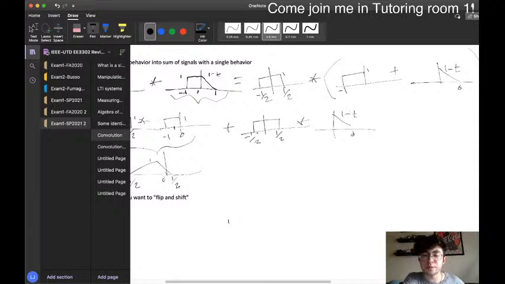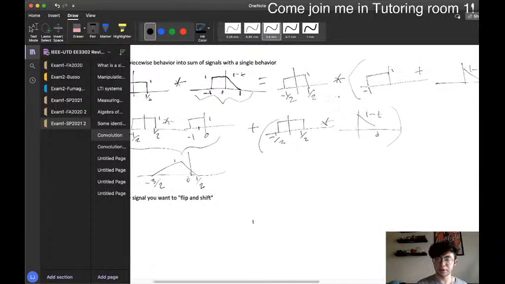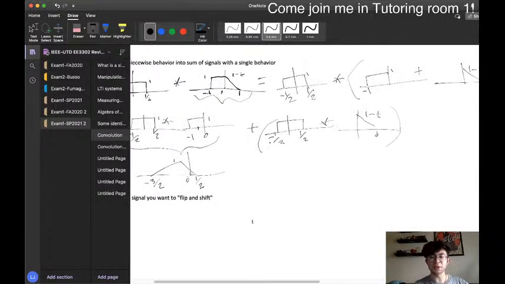We don't really have a nice identity for this one. So we're going to have to do our convolution algorithm. We're going to have to do all the integrals. So this is the one that we're going to focus on right now, because if we get this convolution, then we can sum together our results and get our whole thing.